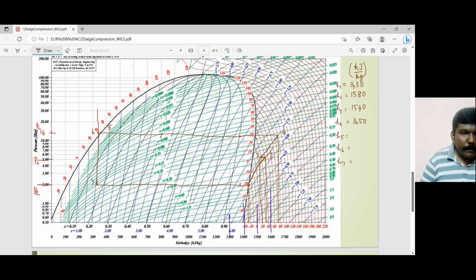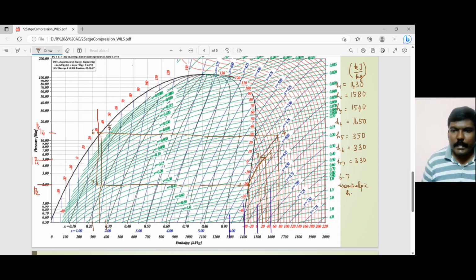and H5, between 300 and 400. So let's say 350, and 6 is say 330, and H6 and H7 would be the same because 6-7 is an isenthalpic process, isn't it?